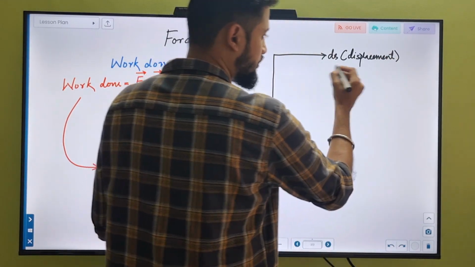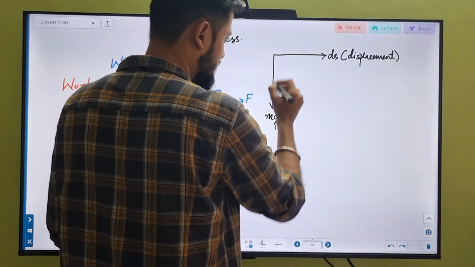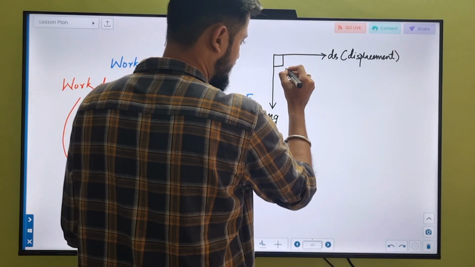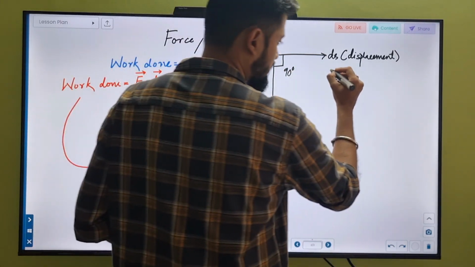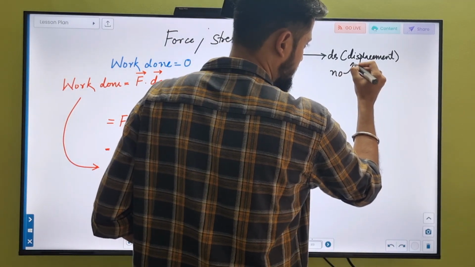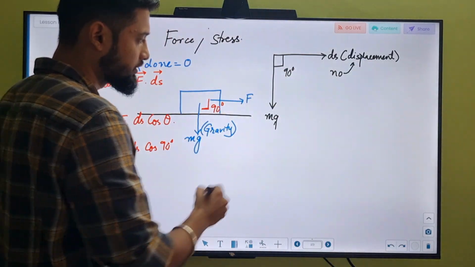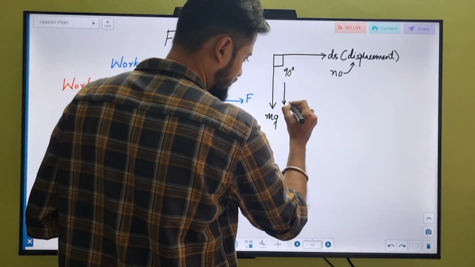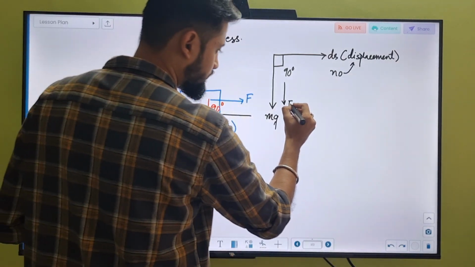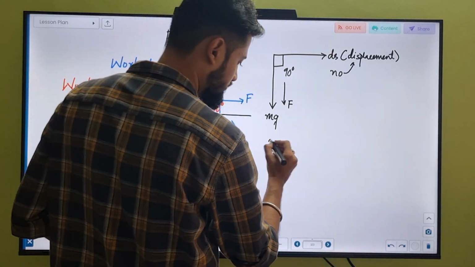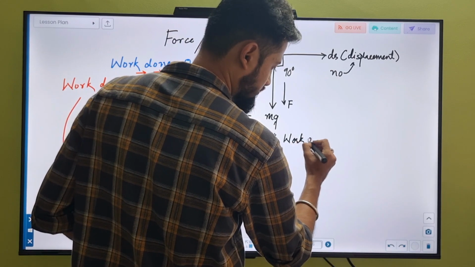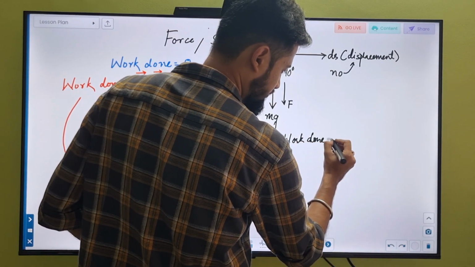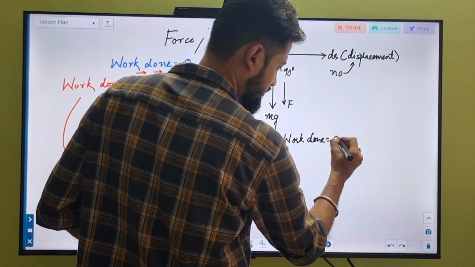So there is no displacement because the gravitational force is acting at an angle of 90 degrees, so there is no displacement. Okay, so mg, this is the force acting, therefore work done will be equal to 0.